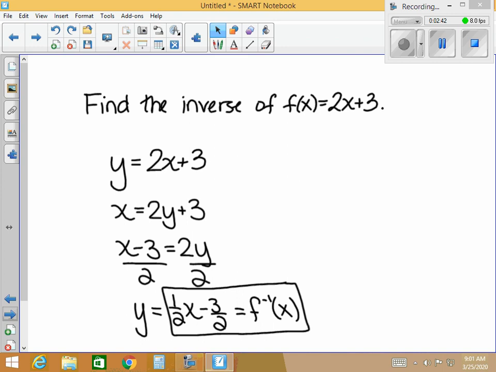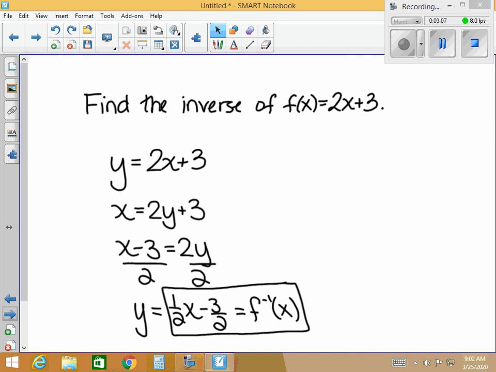All right, so usually someone somewhere along the way is thinking, why in the world do I care that the inverse of y equals 2x plus 3 is y equals 1/2 x minus 3/2? And in all fairness, with straight lines especially, I'm not going to say there's never a situation, but lines are not the functions that we're going to be working with.